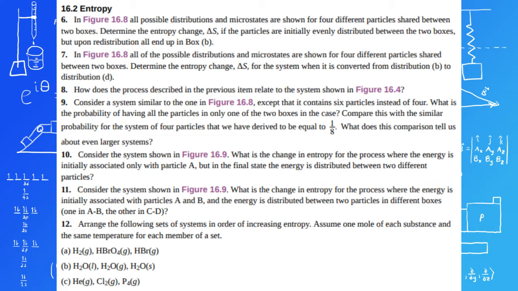We've got hydrogen gas, perbromic acid gas, and hydrobromic acid gas. Arrange in order of increasing entropy. So what is the difference between those three? They're all 1 mole, and they're all in the gas phase.